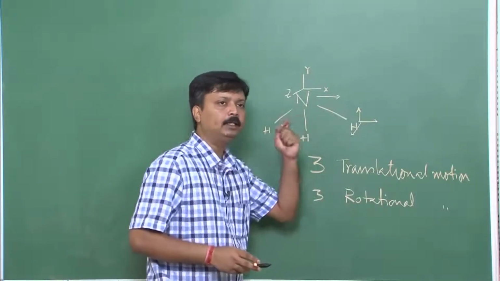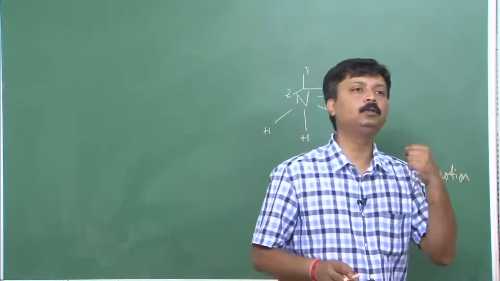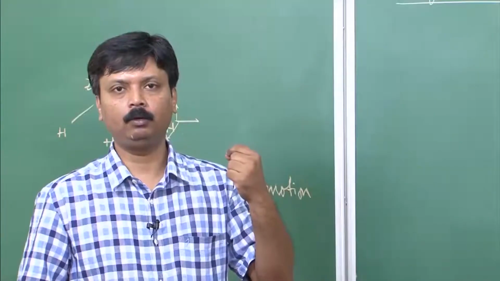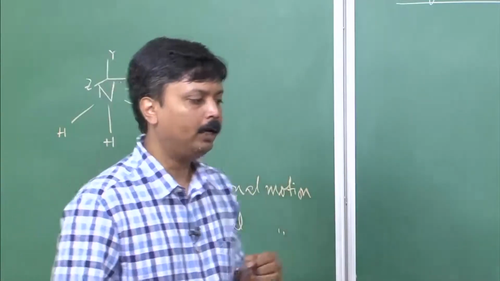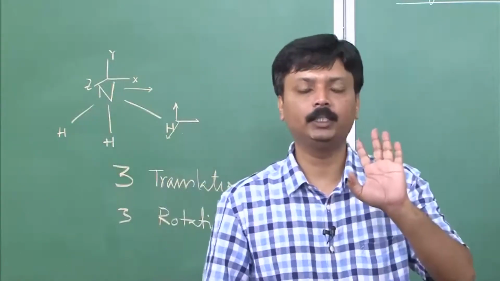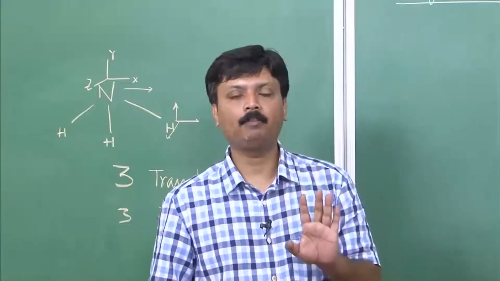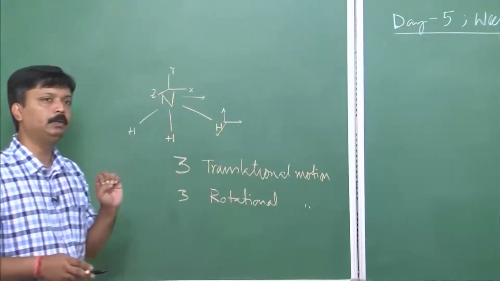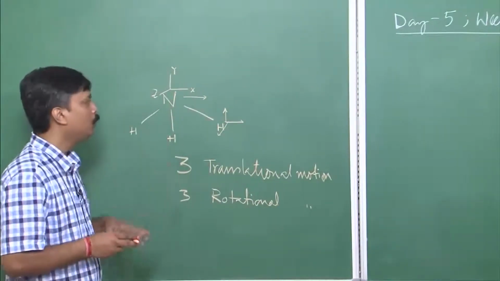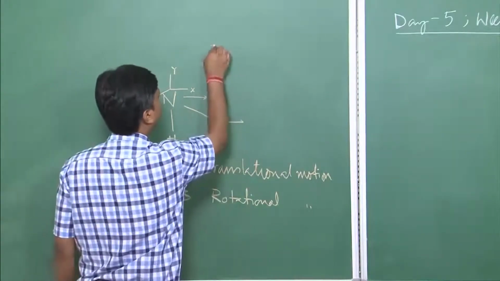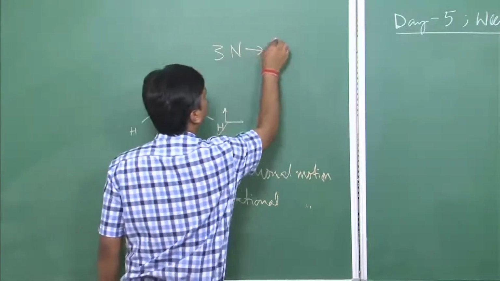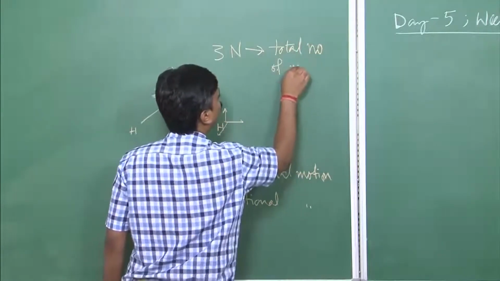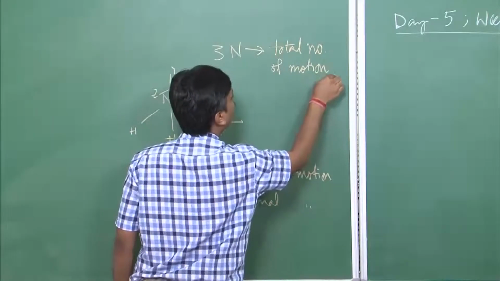Now overall, how many do I have? I said that each and every atom can execute certain motion in either the x, y or z direction, or all together, and all 3 motions will be independent of each other. Therefore, if I have n atoms, the total number of directional motions that can be executed by the whole molecule will be 3n. 3n is the total number of motions possible, that is, the total number of degrees of freedom.